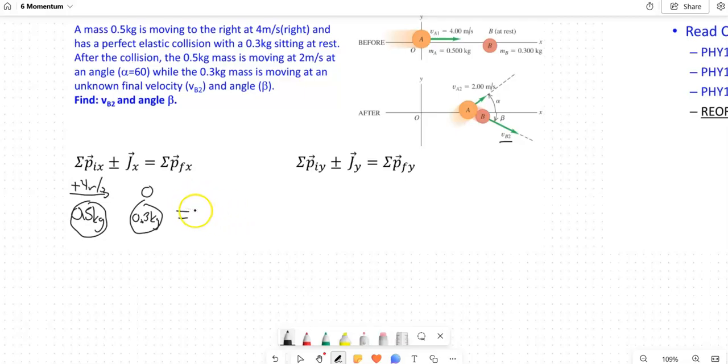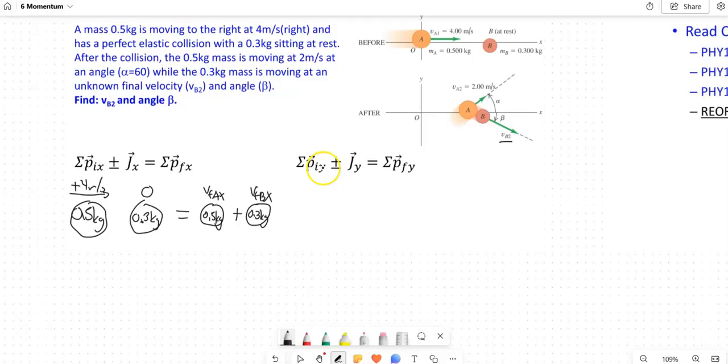So we're going to just put 0.5 kilograms V final A X, plus the 0.3 kilograms V final B X. And we'll fill in those values in a little bit.